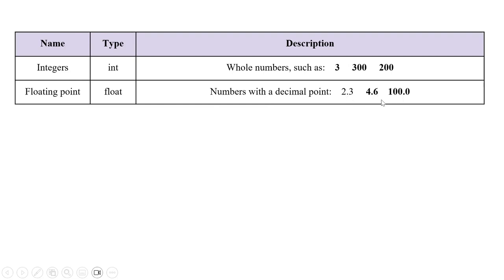Obviously we have two types: without a decimal, we say integers, and with a decimal, we say float. So always remember that two different data types are available for numbers in Python.